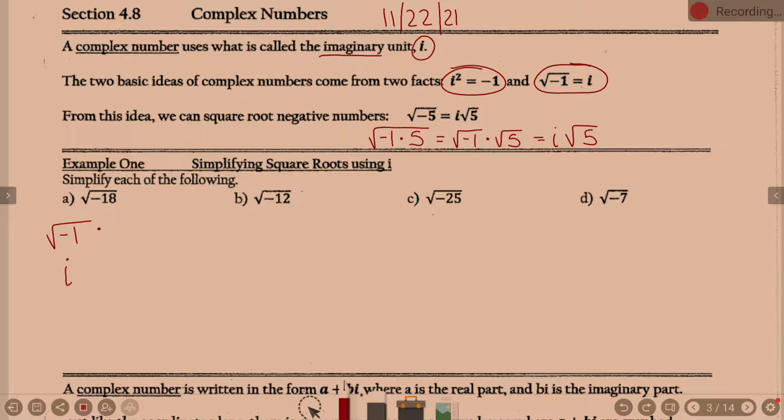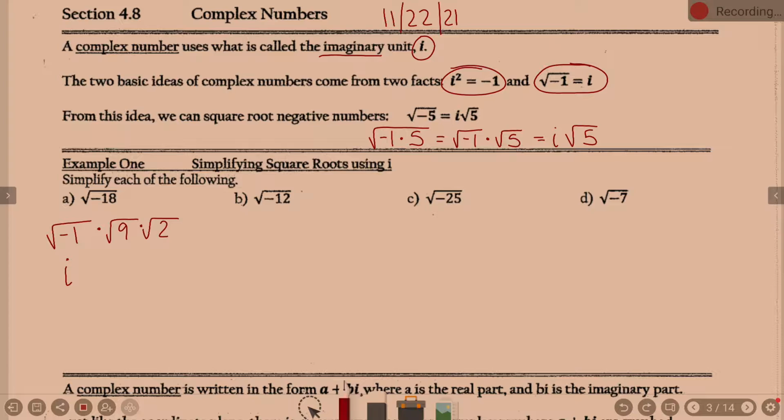Kylie? 9. What do we know about 9? The square root of 9 is 3. And what do we know about 18? 18 is 9 times 2. And so because there is a perfect square within 18, I'm going to break that 18 up.